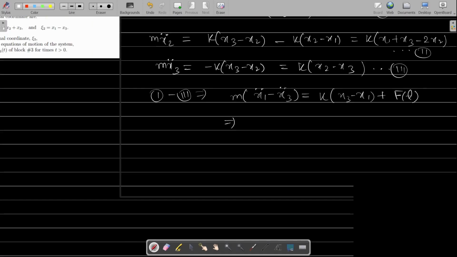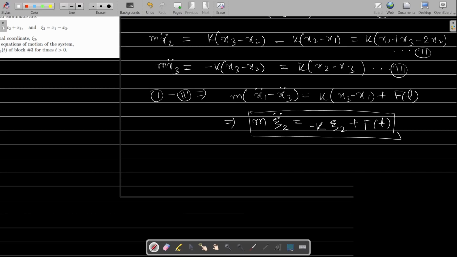This is nothing but psi2 double dot equals minus k psi2 plus F(t). So this is the governing equation for the coordinate psi2, and this is uncoupled, meaning this equation does not contain psi1 or psi3.